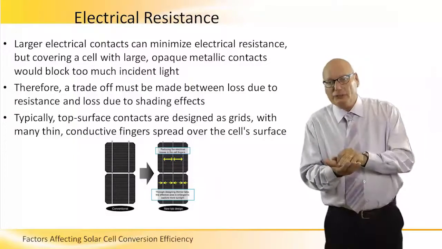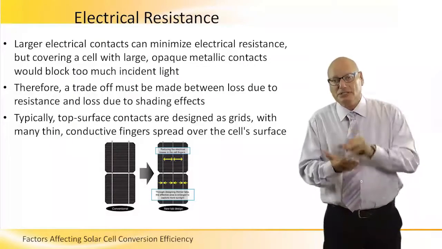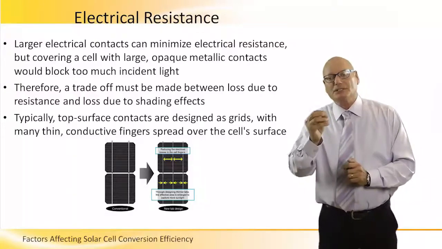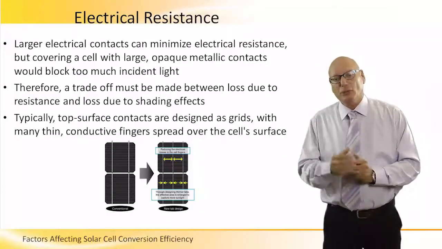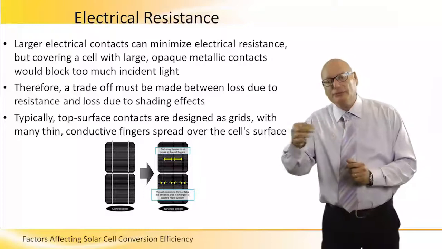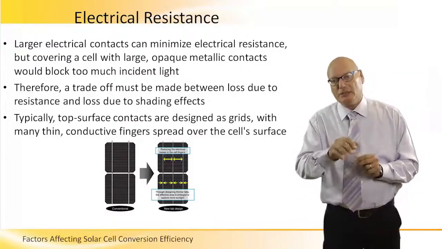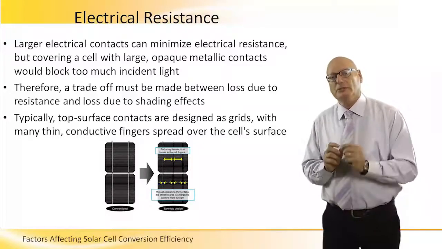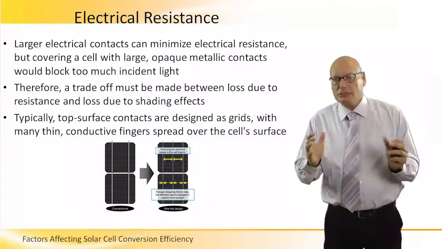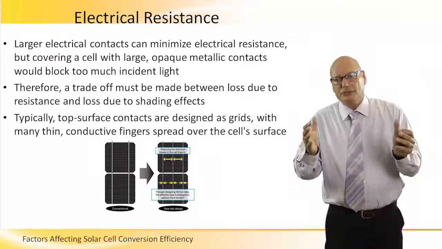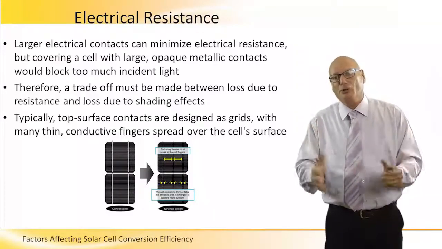It covers the silicon. It sits on it. Typically, top surface contacts are designed as grids with many thin conductive fingers spread over the cell surface. Many thin, very, very thin, just to make sure that I'll get most area of silicon on the surface exposed to the sun.